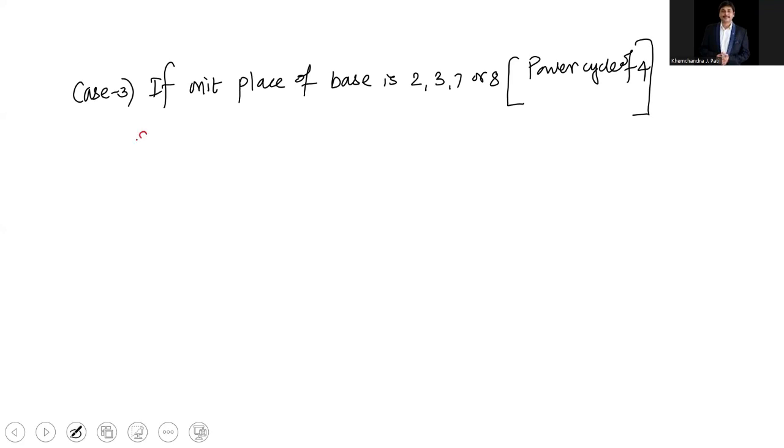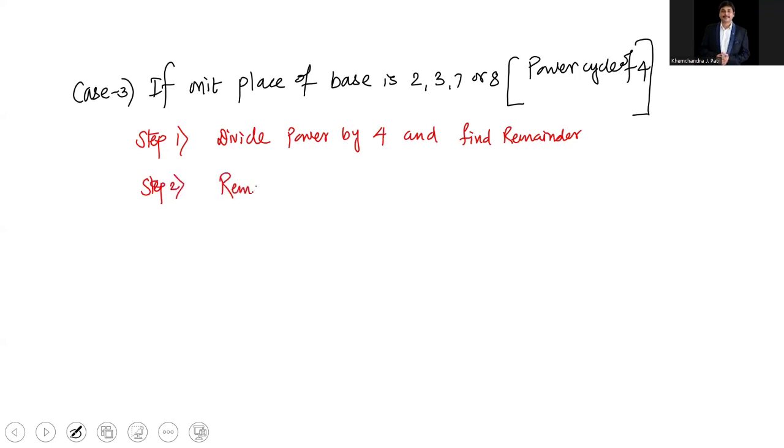Now what we have to do here? 2 steps you have to follow. Step number 1. Divide power by 4 and find remainder. Step number 2.